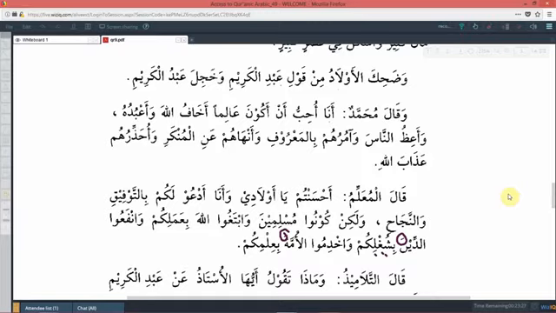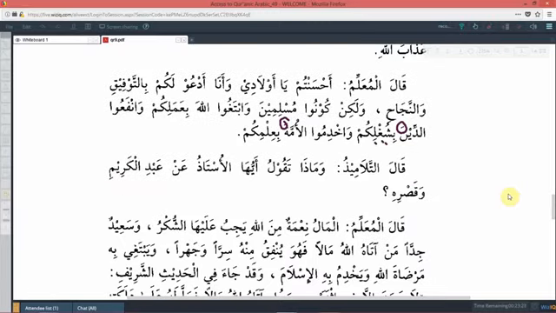Qala at-talamidu, the students, they said, وَمَاذَا تَقُولُ أَيُّهَا الْأُسْتَاذُ عَنْ عَبْدِ الْكَرِيمِ وَقَصْرِهِ. وَمَاذَا, and what, تَقُولُ, do you say, أَيُّهَا الْأُسْتَاذ. أَيُّهَا, this is a way of getting attention.